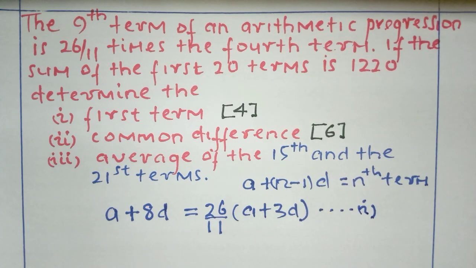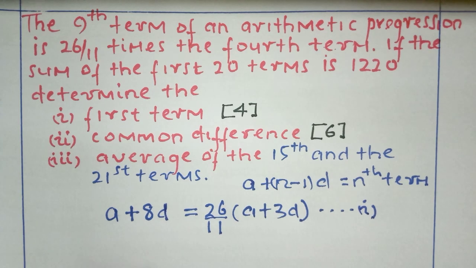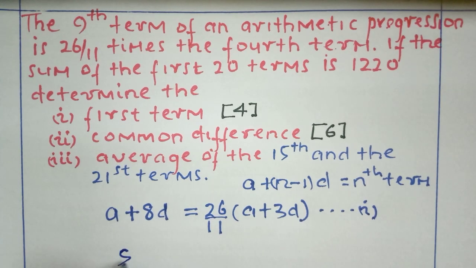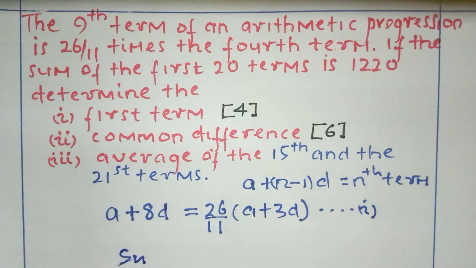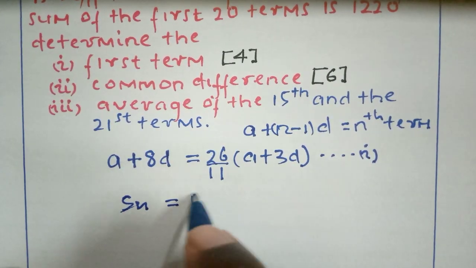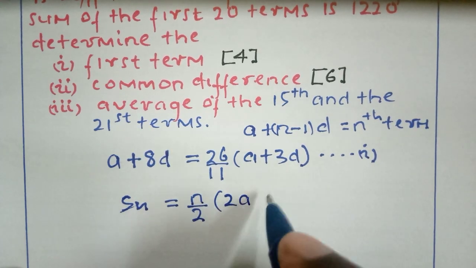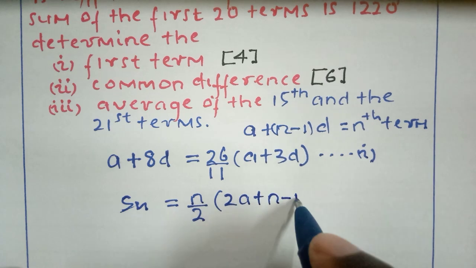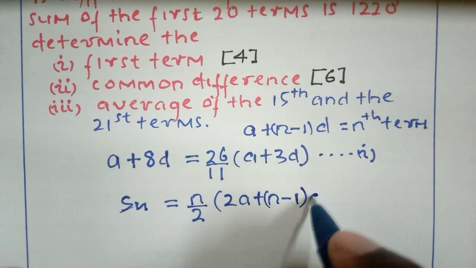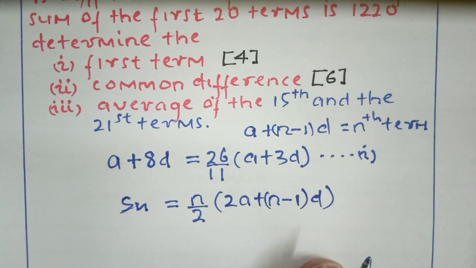And then it says, if the sum of the first 20 terms is 1220, determine the. So the second equation we use is for the sum. And the sum is written like this: Sn equals n all over 2, then you have 2a plus (n minus 1)d in brackets.